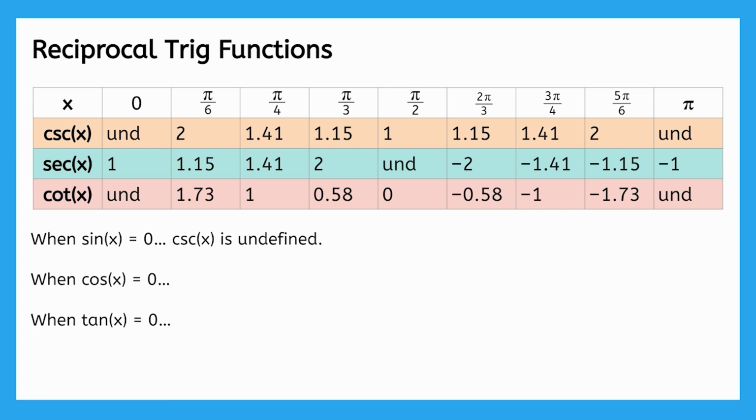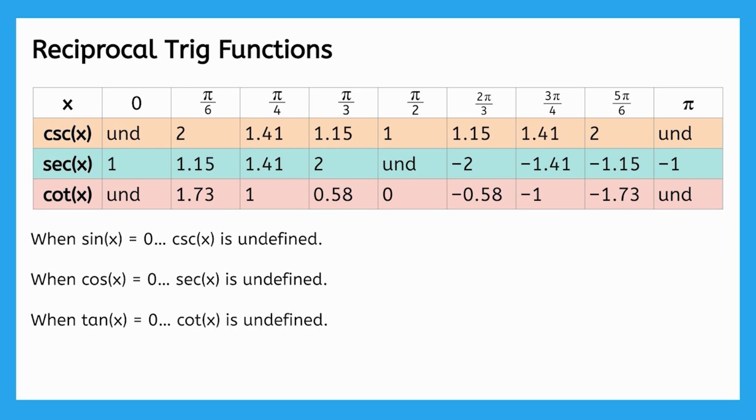In the space provided in your guided notes, record a general statement to describe when the reciprocal functions secant and cotangent will be undefined. Pause the video now. When cosine is 0, secant is undefined, and when tangent is 0, cotangent is undefined.